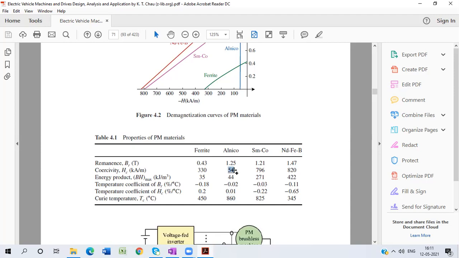You have to know that comparison. Next, the energy product: neodymium iron boron has the maximum energy product, meaning it is more suitable for permanent magnets. But its drawback is that it cannot be used for high temperature applications, and it is also rare and very costly because it is rarely available.